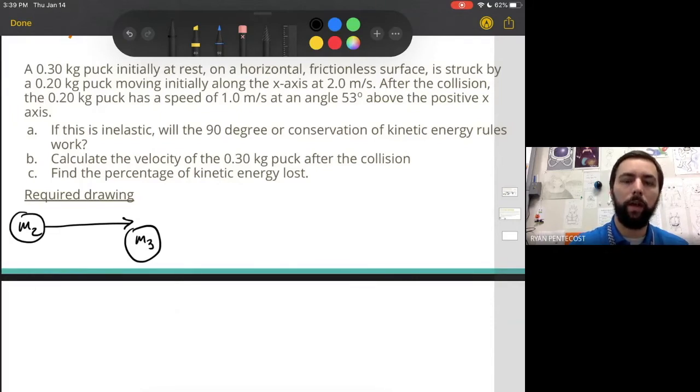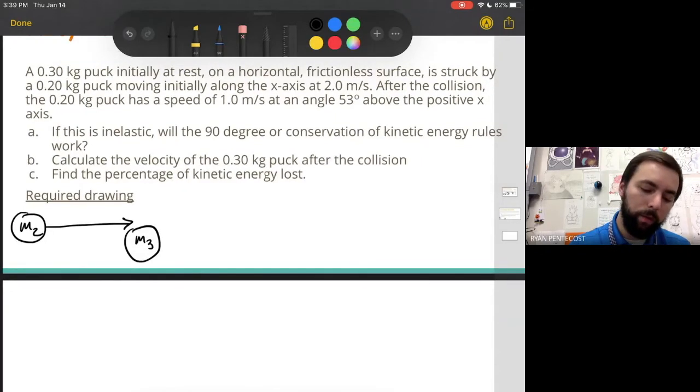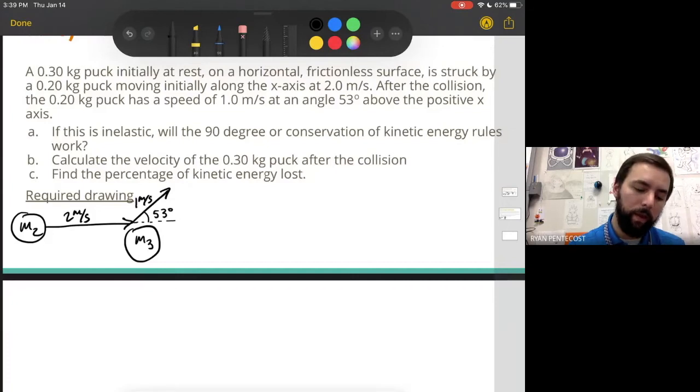It's going to collide at a glancing blow. So M2 is initially traveling at 2 meters per second. It then travels at 1 meter per second, and that is at an angle of 53 degrees. Okay? Then when M3 gets shot off, it will then travel at an angle theta at some unknown velocity. Okay, so that is the situation we're dealing with.